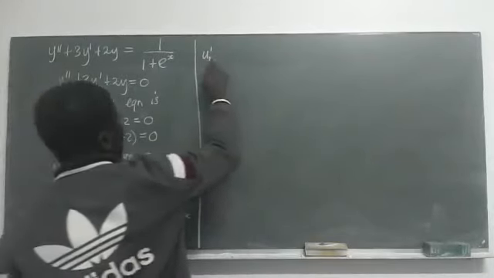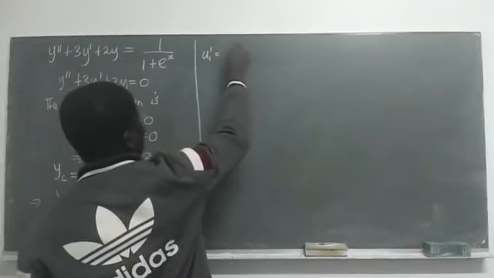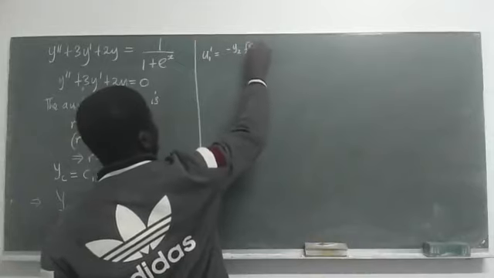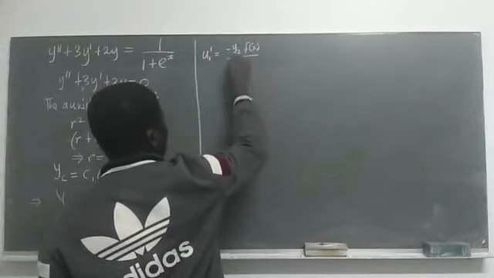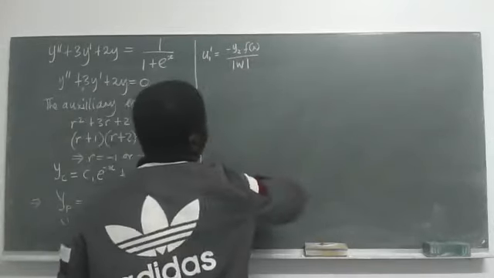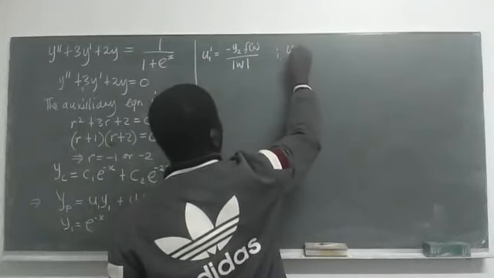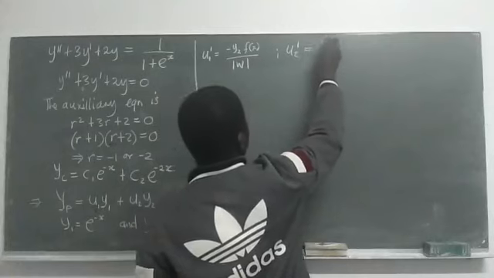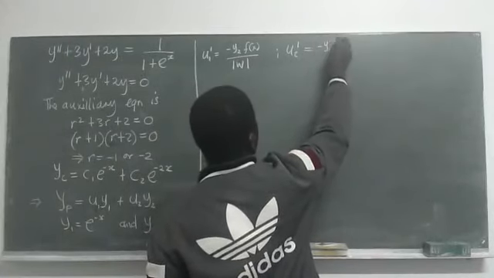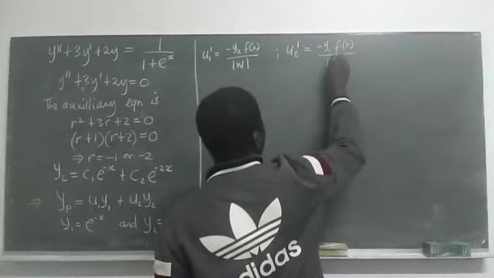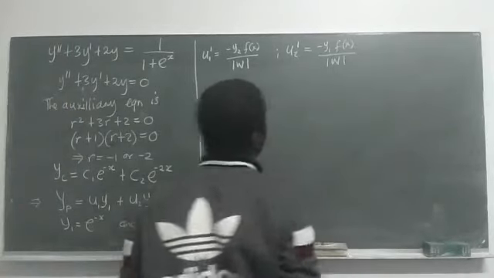We know that u1' is given by -y2 multiplied by a given f(x), over the modulus of the Wronskian. And also u2' is given by y1 multiplied by f(x), everything divided by the modulus of the Wronskian.